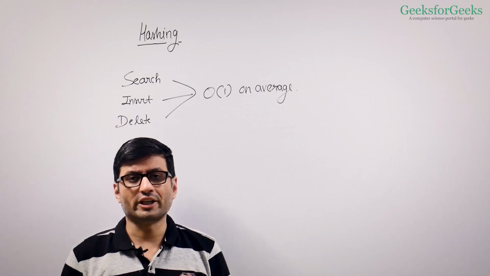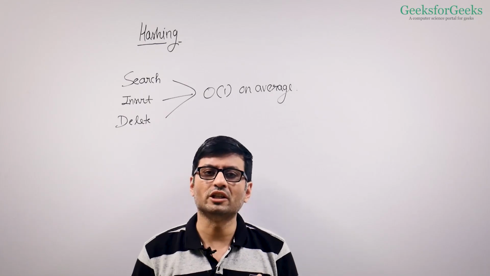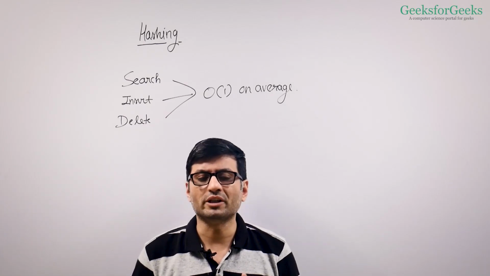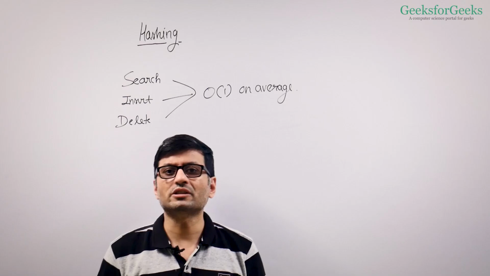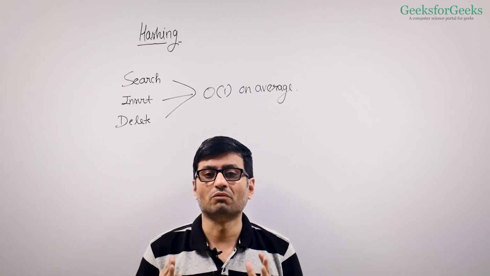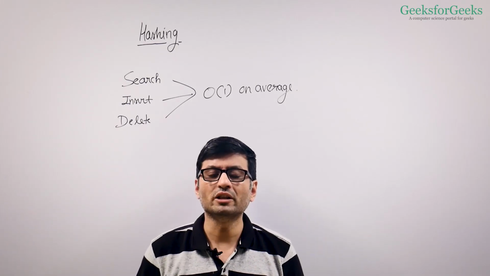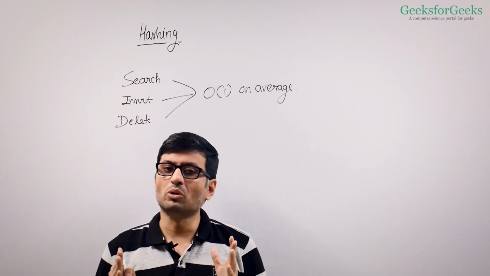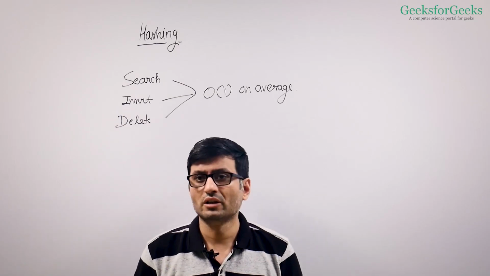Let's talk about other data structures. Although we have binary search trees in the upcoming tracks, let me give you some information about them also. Binary search trees, especially versions like AVL tree and Red Black tree, take big O of log n time for search, insert and delete.